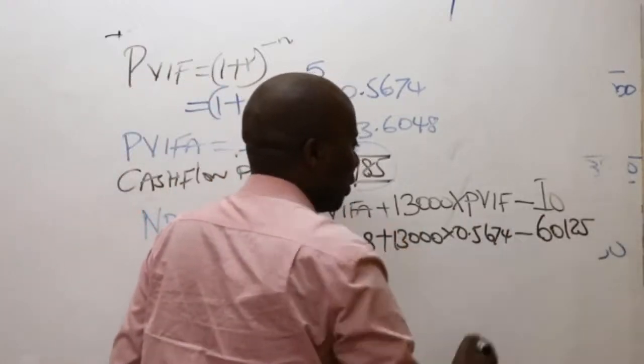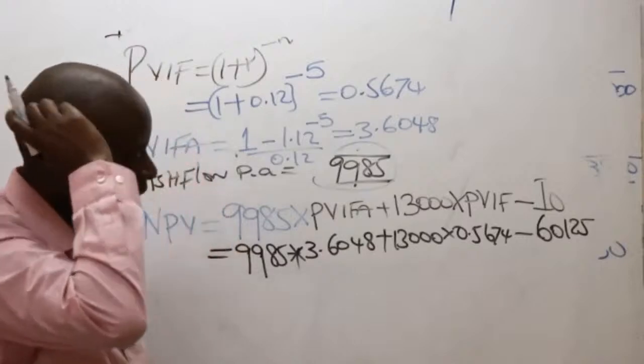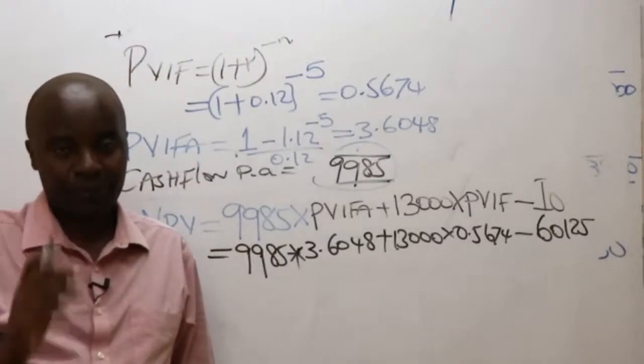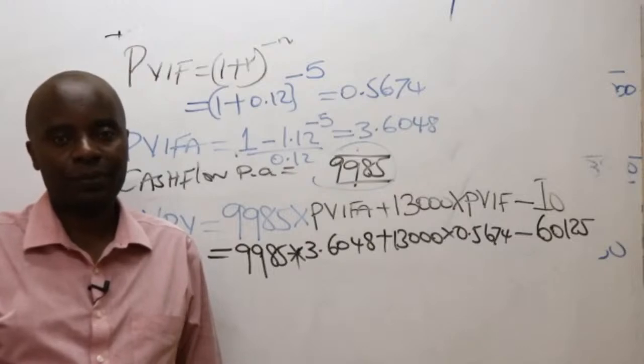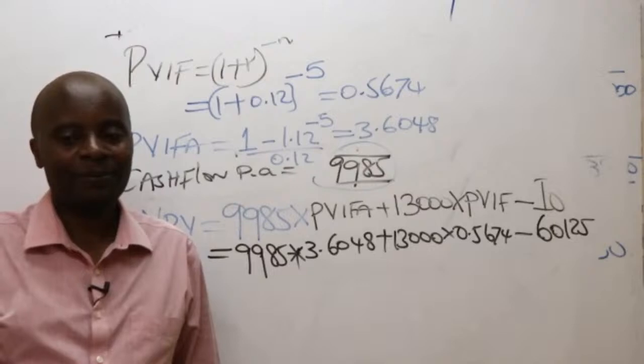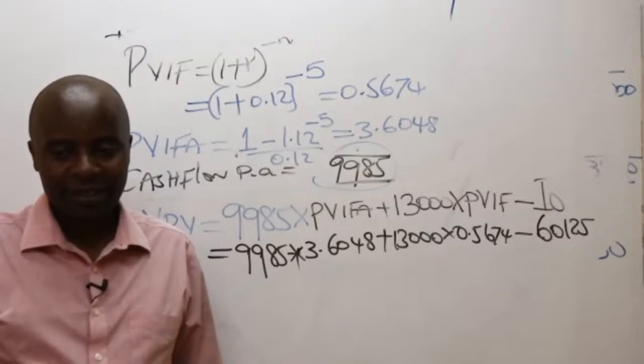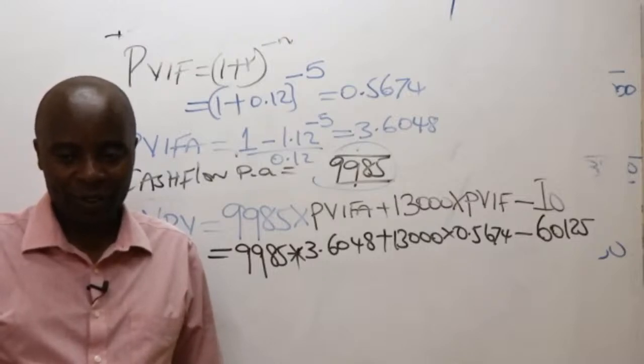60,125. So could you kindly, in this case, ladies and gentlemen, give us the answer for this? There's a figure of negative 16,754. Many students?